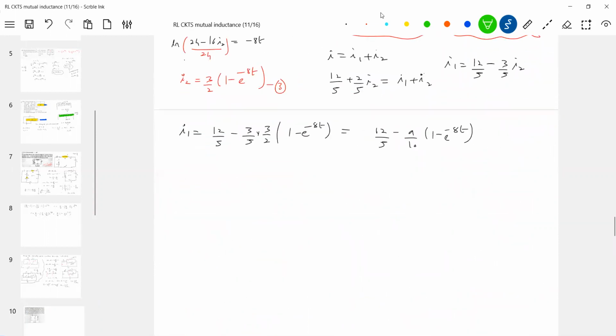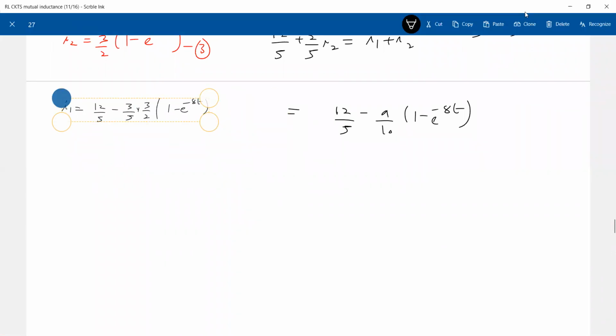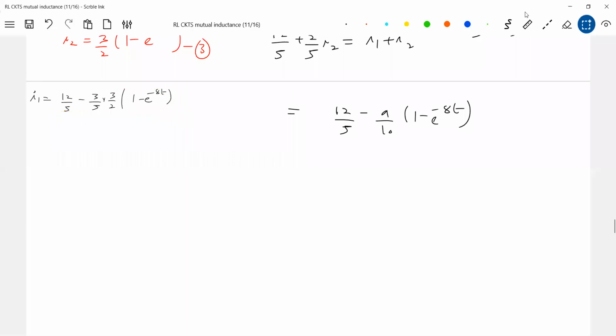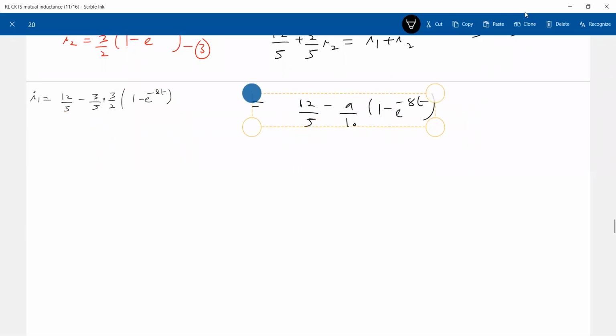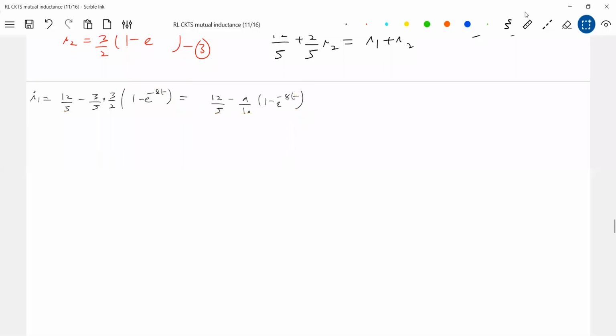This is a very basic problem, that's why I'm giving everything in detail. Now let's come to this: at t equal to infinity, how will the circuit appear?